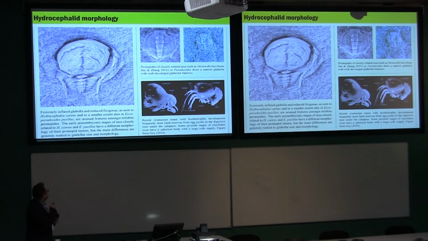And we know that under the glabella there is an anterior portion of the digestive tract. Some recent crustaceans that are lecithotrophic or direct developers store lipids from yolk under the carapace, and sometimes they also have a very inflated carapace. So this can be another piece of evidence for possible lecithotrophy.